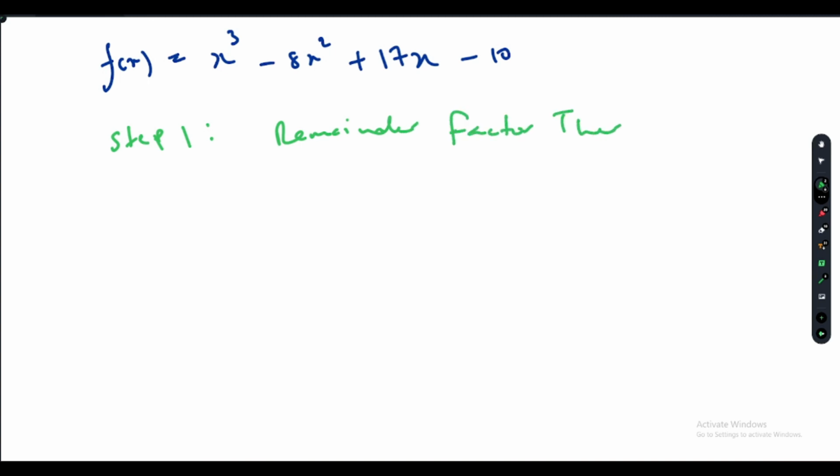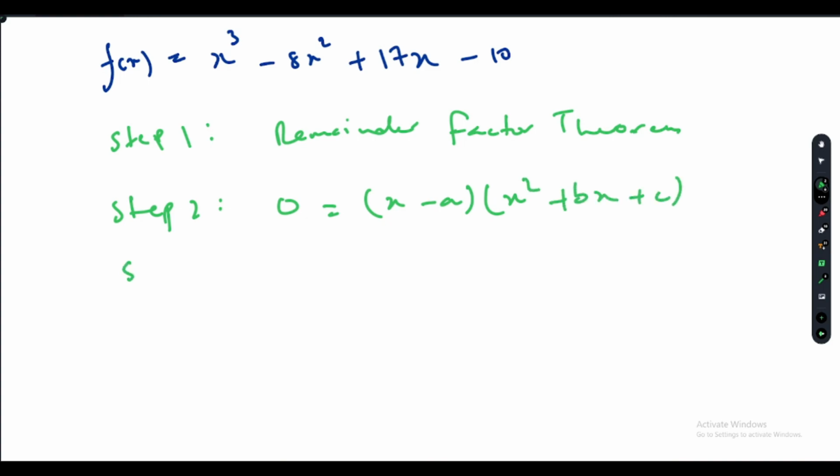Step number two will be to follow a sort of blueprint that we're going to be using in order to find the factors. We're going to say 0 is equal to x minus a into x squared plus bx plus c.